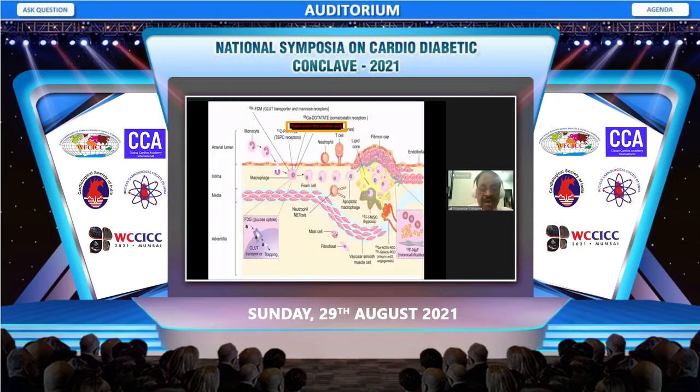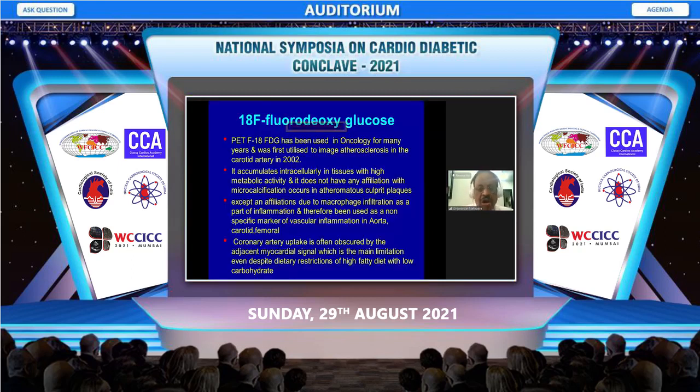This is the schematic diagram where the various radioisotopes tag with the macrophage, with the microcalcification, and with many other aspects. This is the schematic diagram of the PET tracers. I will not go into much detail. 18F FDG accumulates in atheromatous plaque very well, but it does not have any role with microcalcification.